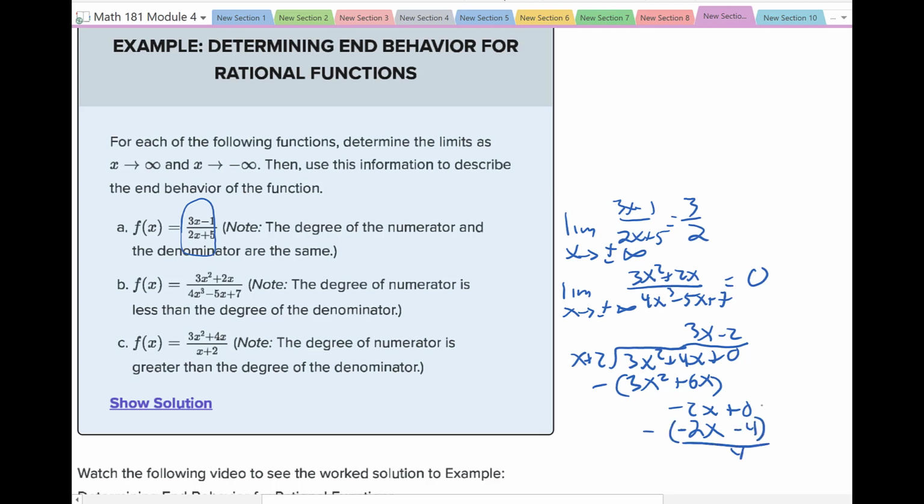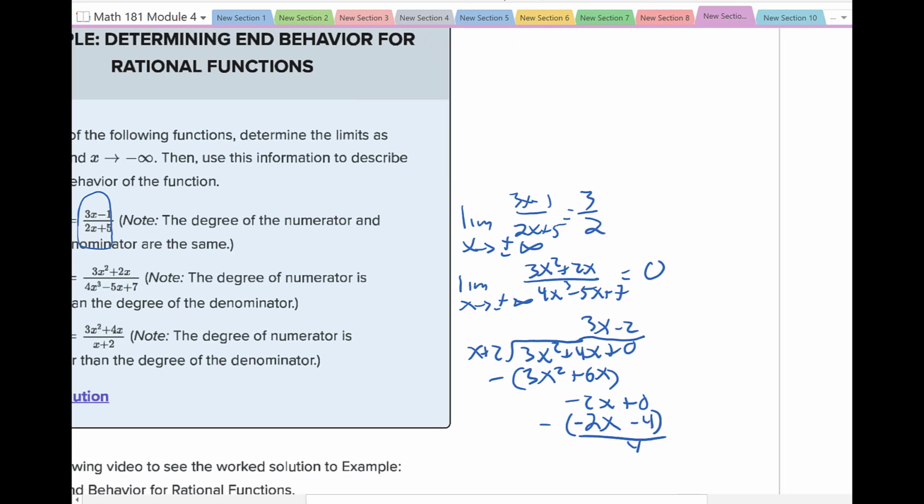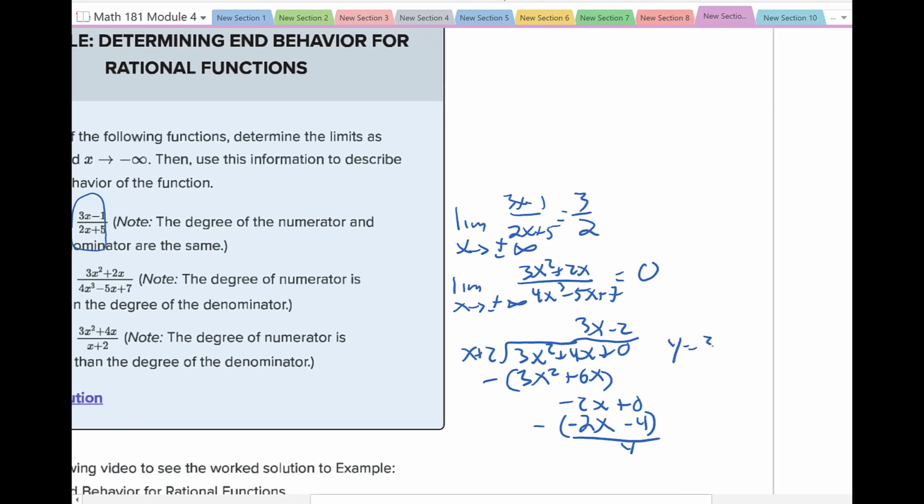So what this really is, y equals 3x plus 2 plus 4 over x plus 2. And notice the numerator is 1 degree less than the denominator. It has to be at least 1 degree less. But as x gets big, this becomes nothing.